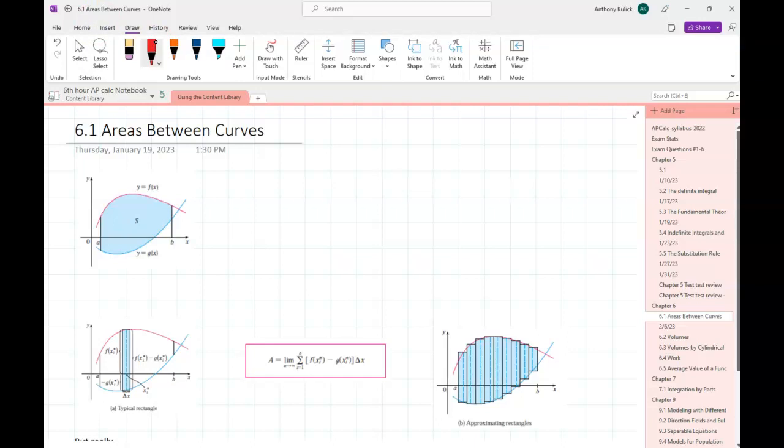What I'm going to do is build a bunch of rectangles to approximate that area. The rectangle I build looks like that. I'll call the base of that rectangle delta x. And the height of that rectangle is going to equal this y coordinate minus that y coordinate. Everybody's okay with that?